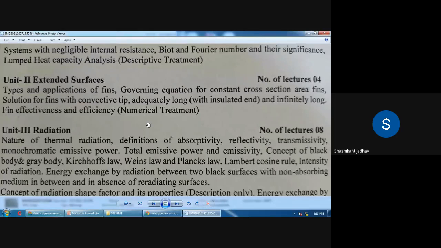Next point, fin effectiveness and efficiency (numerical treatment).